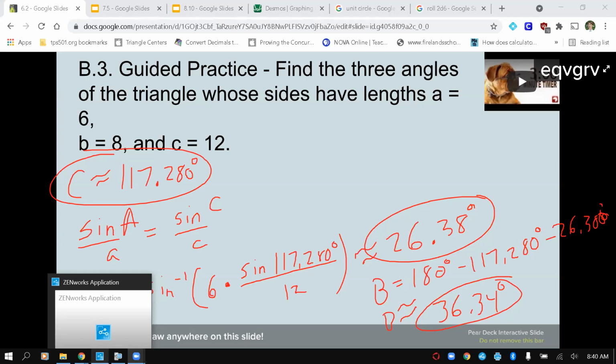I think the only reason why is because you found it first and then did cosine inverse. You used the rounded number, where if you type in the whole thing at once, it'll be more exact. But to be honest, I think for most of the homework it's to the tenth, so I don't think it'll matter.